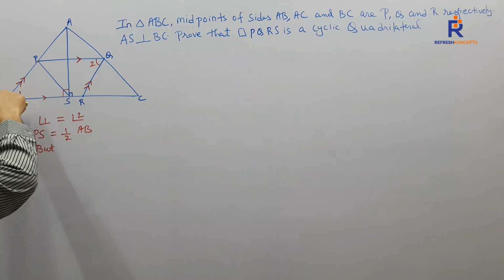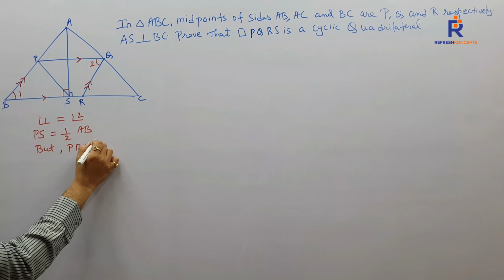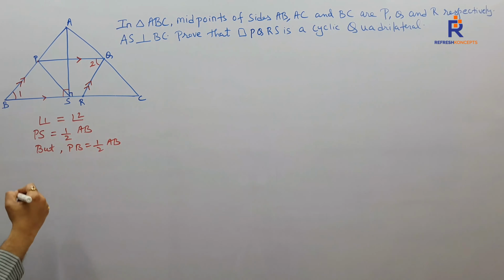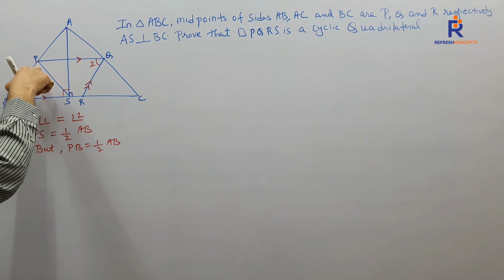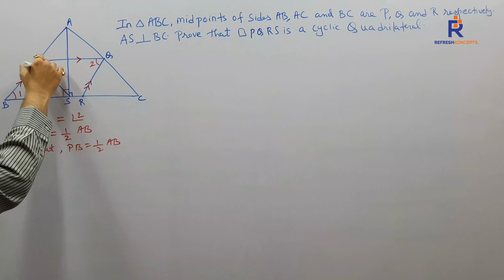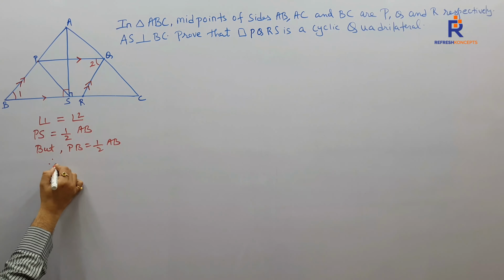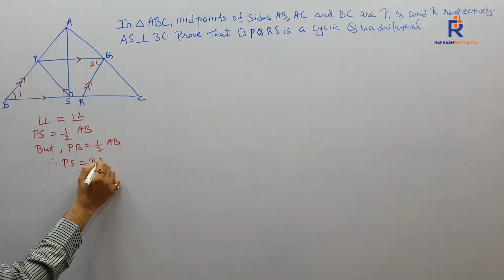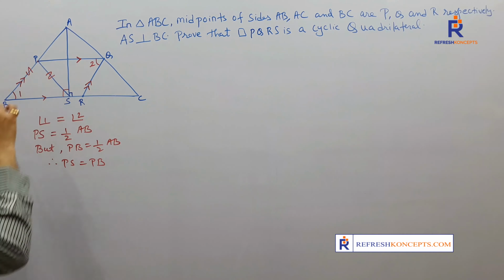Or you can say PB is half of AB. Why? P is a midpoint. Just now we said PS is half of AB, but PB is also half of AB. So can I say PS is equal to PB?